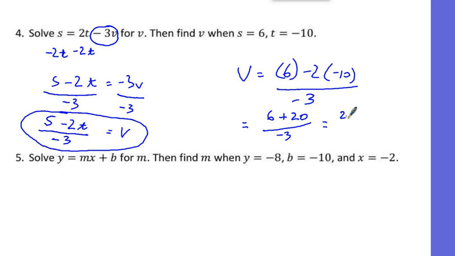Six plus 20 is 26, divided by negative 3. And our final answer could be left as negative 26 thirds, or as a decimal, negative 8 and 7/10. Either would be acceptable answers here. In some cases, a decimal is preferred. Other cases, a fraction is preferred. It really all depends on the situation.